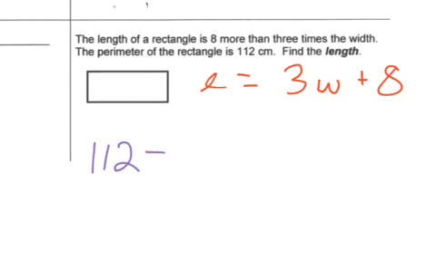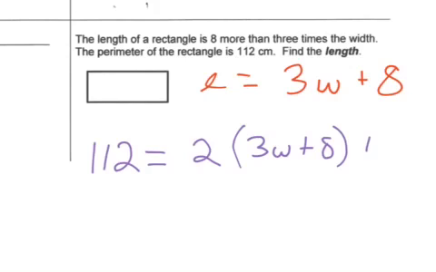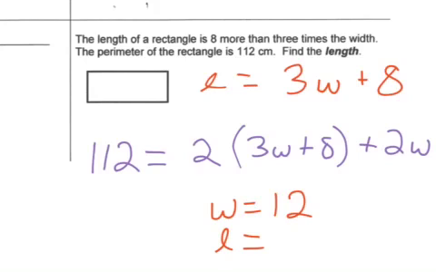Perimeter is 112. 2 times the length plus 2 times the width. And when you work this one out, you should get W is 12, but it's asking for the length, so you would have had to plug that 12 back in here, and that would give you 44 centimeters for your length answer.